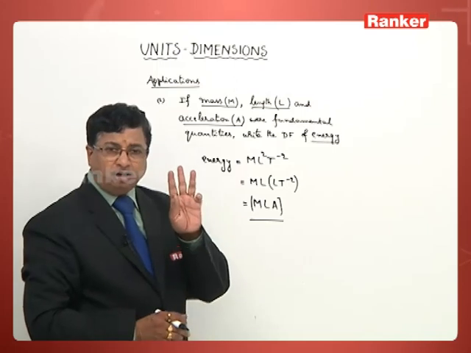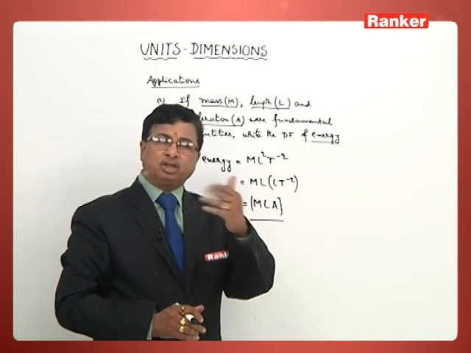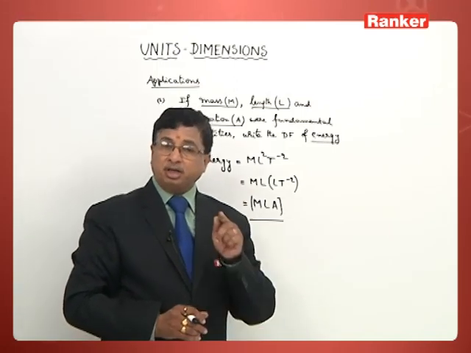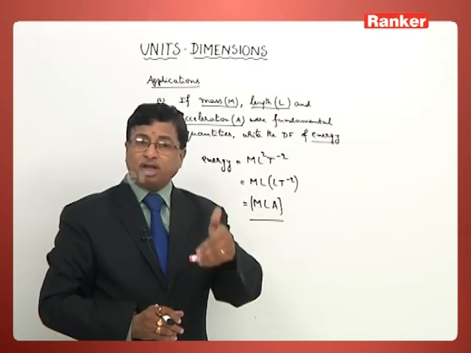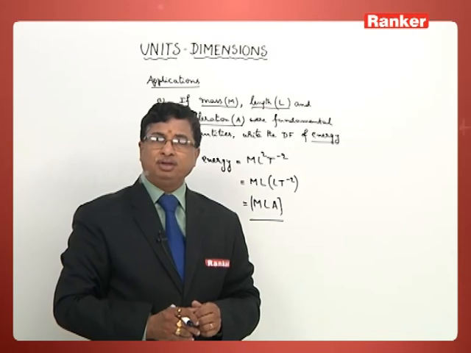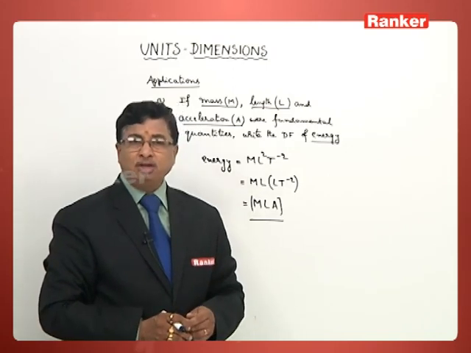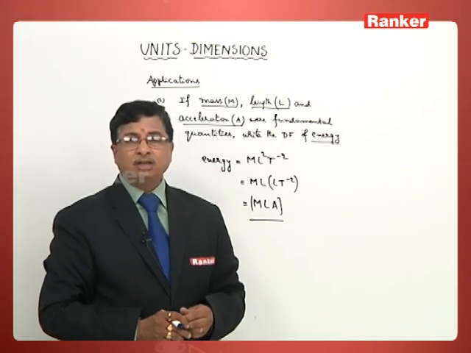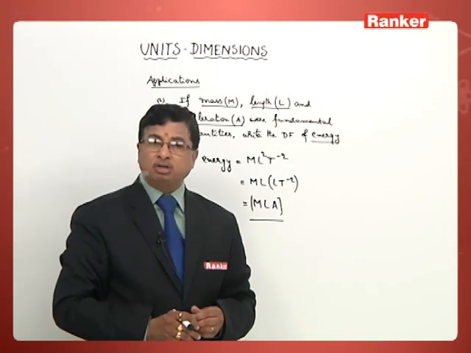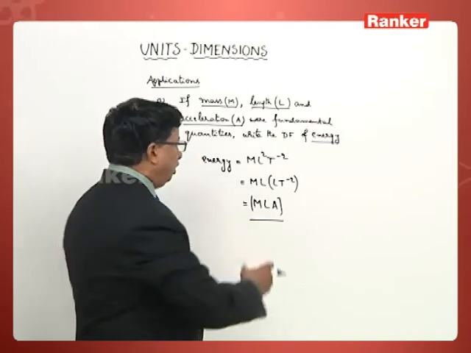What is that method here? Take the third use of dimensions. Making use of the third application of dimensional analysis, which we have taken as deriving new physical equations by considering the relation between the physical quantities, we can write in the same manner.